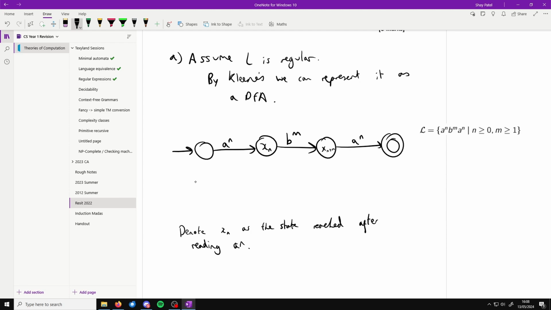So there must be the same amount of a's on one side and on the other side. So I guess you could just generalize it down to a to the power of n, b to the power of n, a to the power of n, really. Because that's a subset. We can just talk about L prime instead.